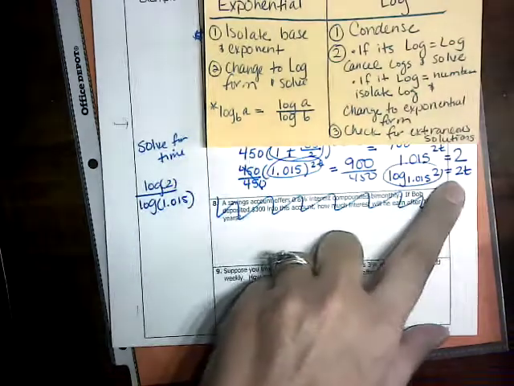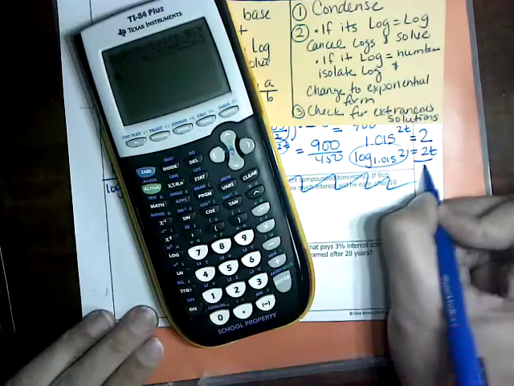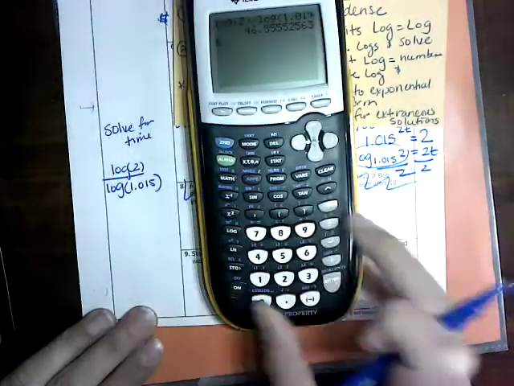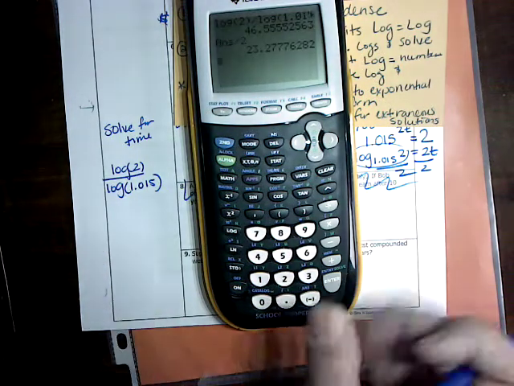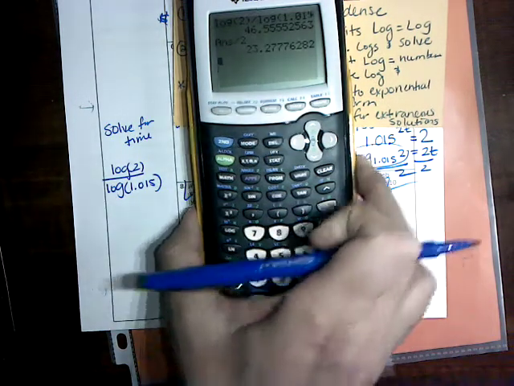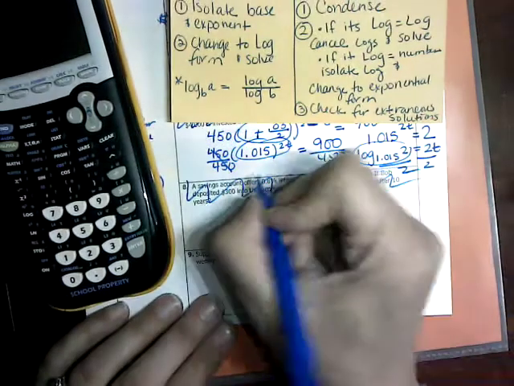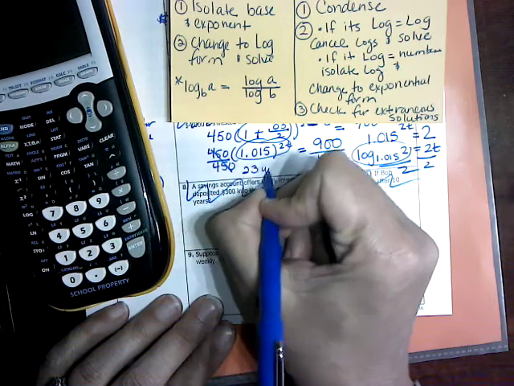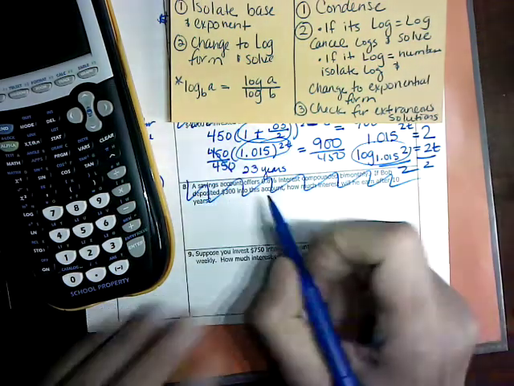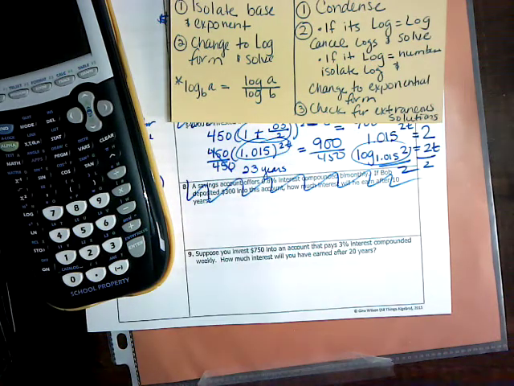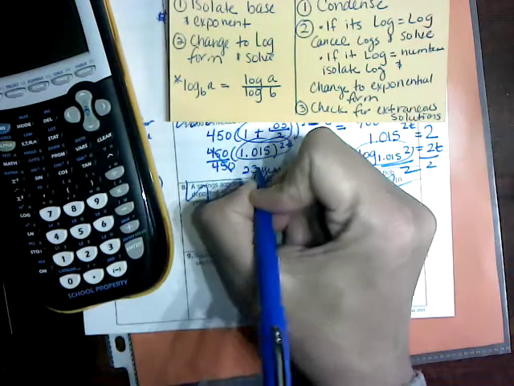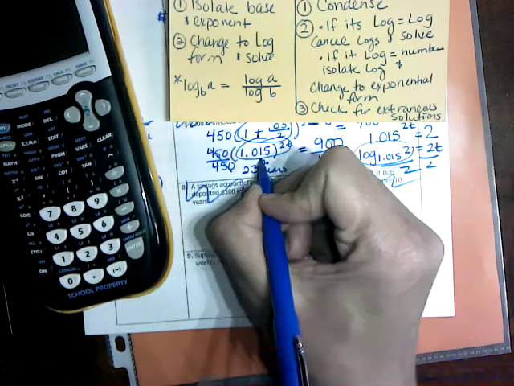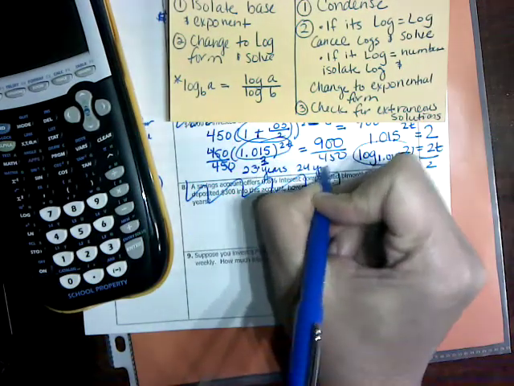Then to solve for t, we divide both sides by 2. If we divide by 2, we get approximately 23 years. But to make 900, remember with years, you have to round up, so it would take 24 years, because 23 years won't cut it. So around 24 years.